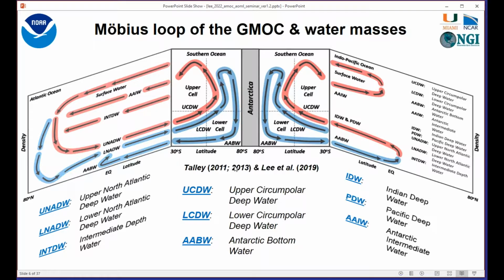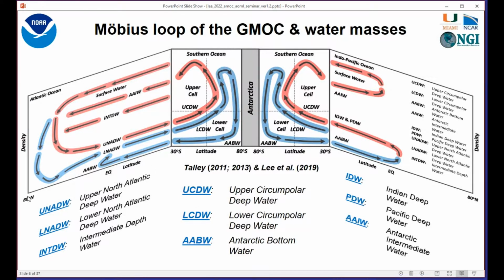This is just a schematic plot of the global meridional overturning circulation. This is latitude here, and this is Antarctica. I'm showing the Southern Ocean in a symmetrical way, 80 degrees to 30 degrees, twice. This is the Indo-Pacific Ocean MOC, and this is the Atlantic Ocean MOC.